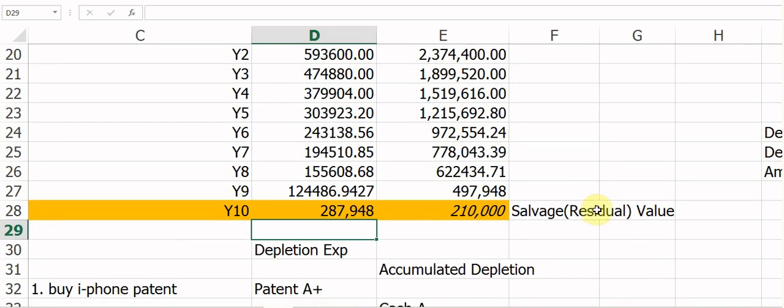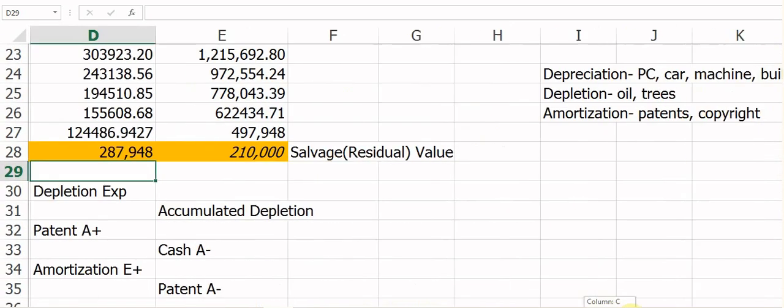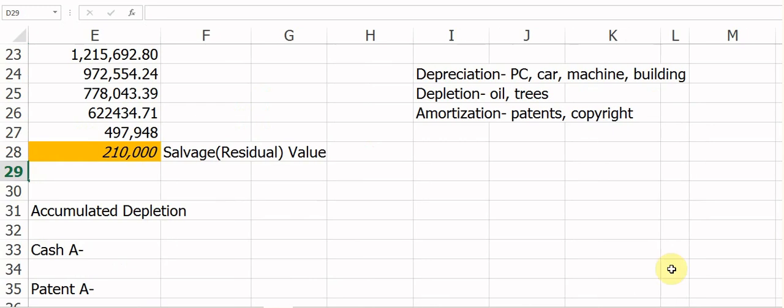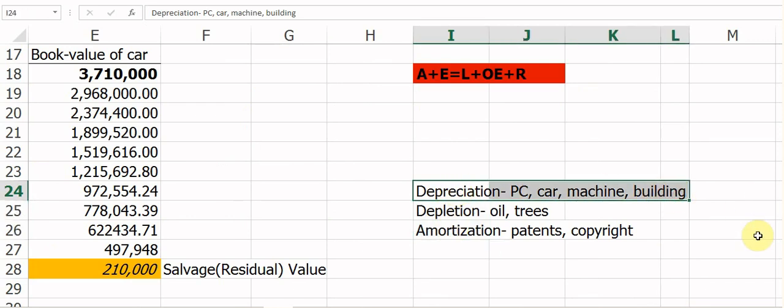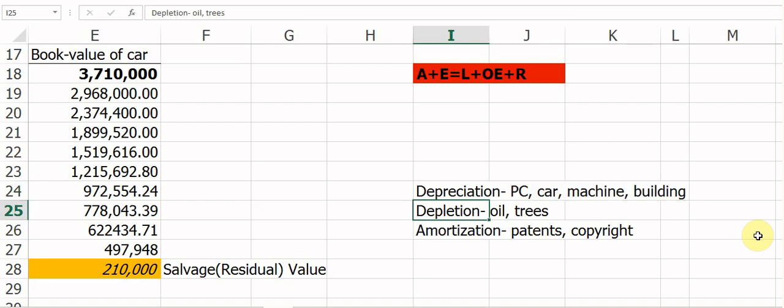Now we have 3 types of assets. Just want to talk about those real quick. So we have assets that require depreciation, depletion, and amortization. So depreciation, these are physical things like a computer, a car, a machine, a building. They're man-made, tangible, you can touch it. Okay. Depletion, this is Mother Nature.